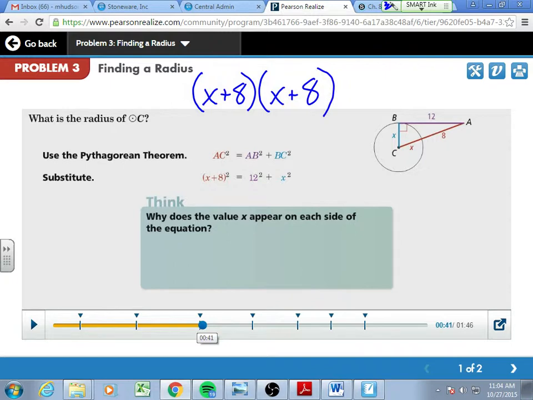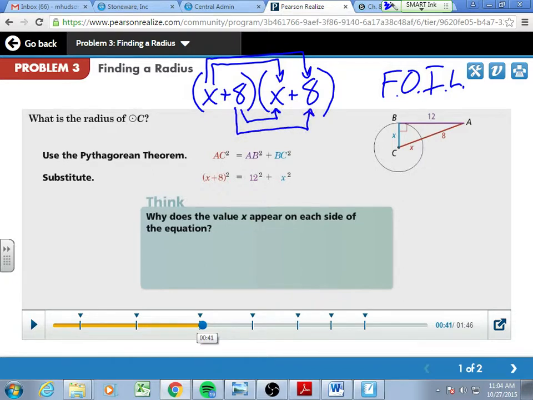You may want to write down this process. FOIL literally means FOIL, but it's an acronym. It stands for firsts, outsides, insides, and lasts.